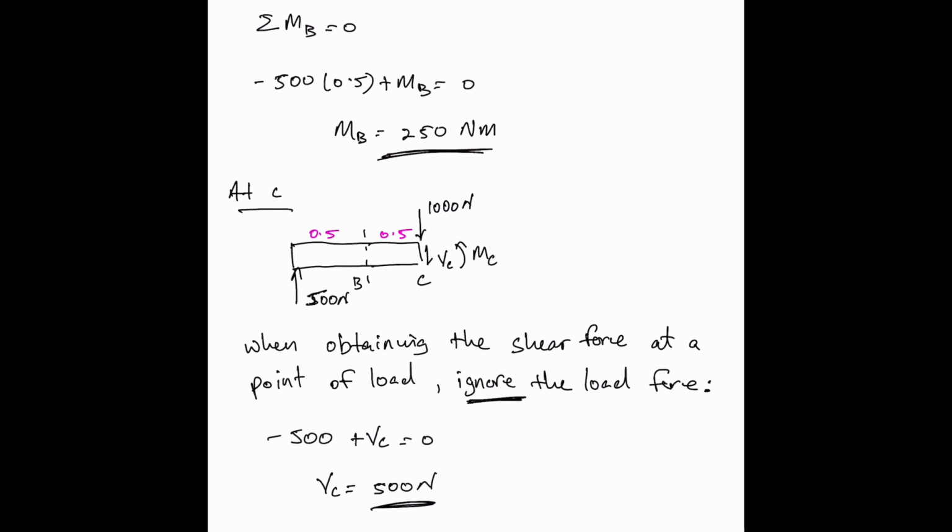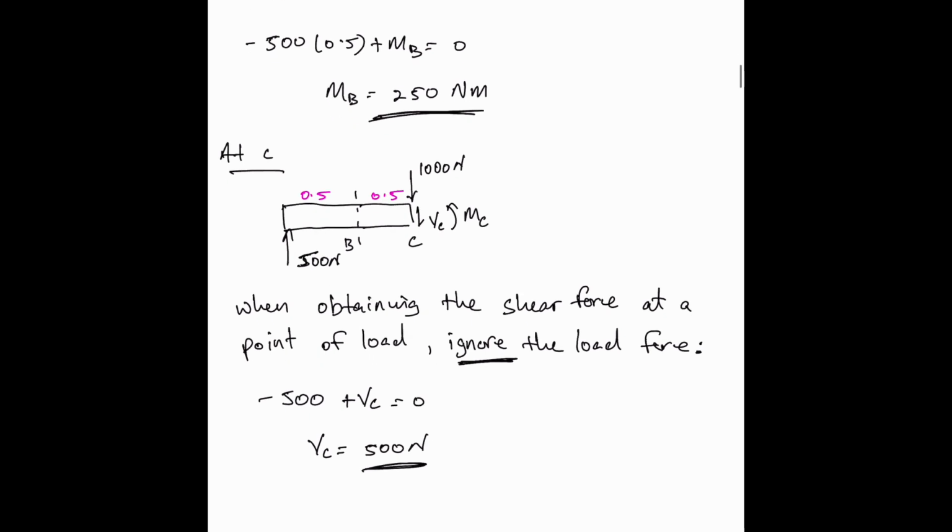But we need to consider the load now. So what we could say, when we join the graph, is that we go down on the graph by 1000. We draw in this graph, it will be 500, and then we move down by 1000. So that will take us to minus 500.